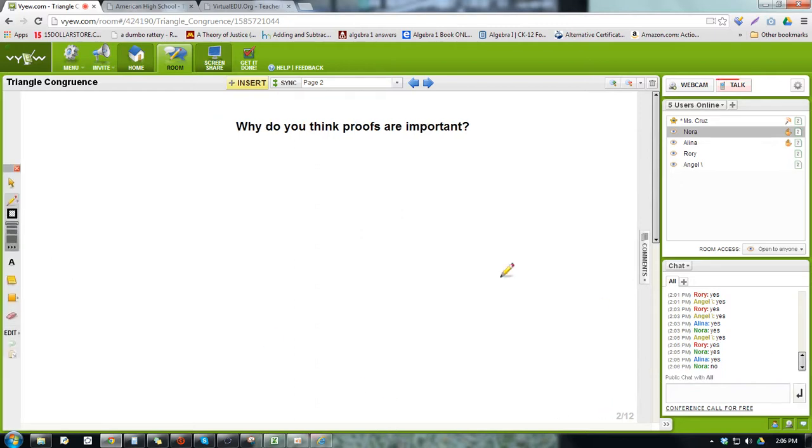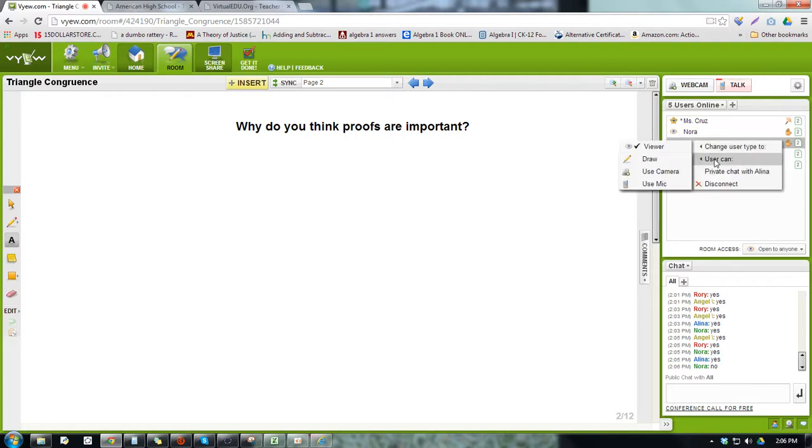I think you may have done this before, but if you look on your screen now, on the left-hand side, you should see a pencil. Click on that pencil, and you can hit the text button and write something on here, or you can use the pencil. If you click on the letter A, you can write text right on the screen. Okay, and Alina, I'm going to do the same for you, and you can write on there whatever you think, or a reason why you think proofs might be important.